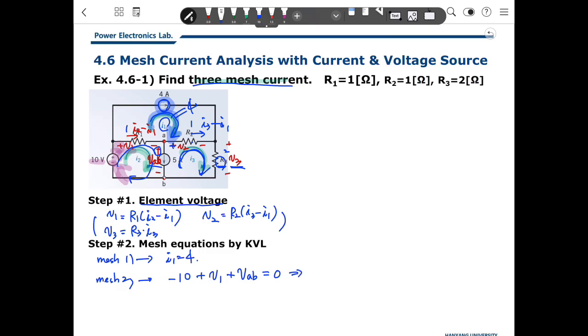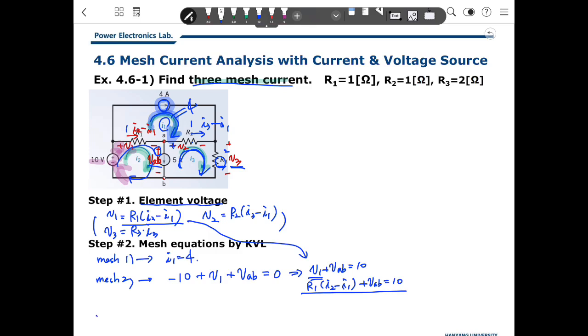From here we can calculate V1 plus VAB is 10. And what is V1? We insert it here: R1 times (I2 minus I1) plus VAB is 10. That's the second mesh equation.